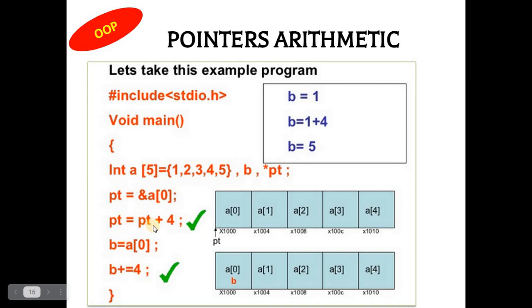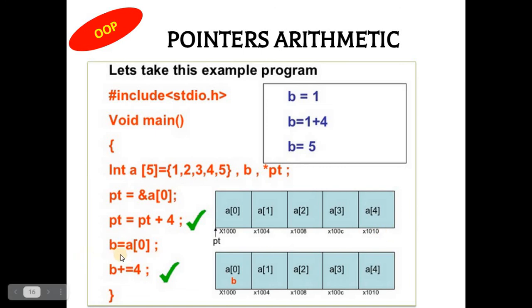When I write pt = pt + 4, this automatically changes pt to point to a[4]. So when I write pt + 4, I am not incrementing the value by 4, but I am incrementing the address by 4. That is, the pointer will now point to the 1010 location.